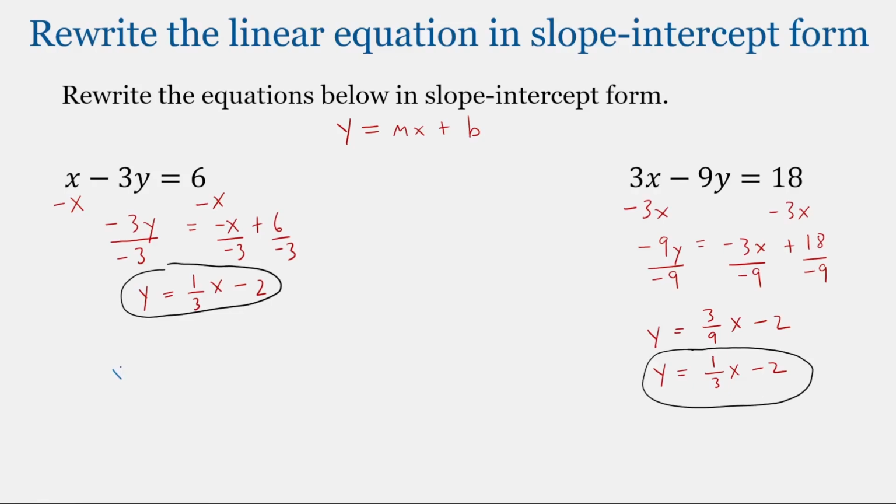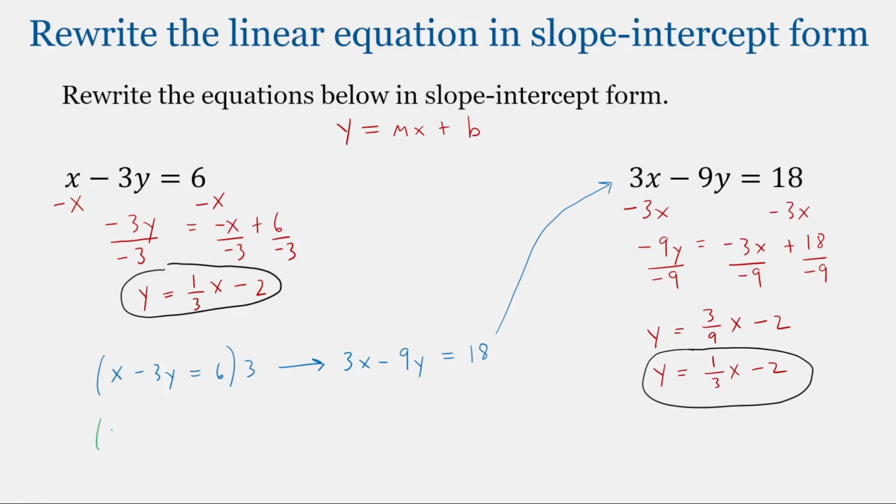With this first equation, we had x minus 3y equal to 6. If we multiplied everything in that equation by 3, we would end up with 3x minus 9y equal to 18. And that's the same equation for the second one.